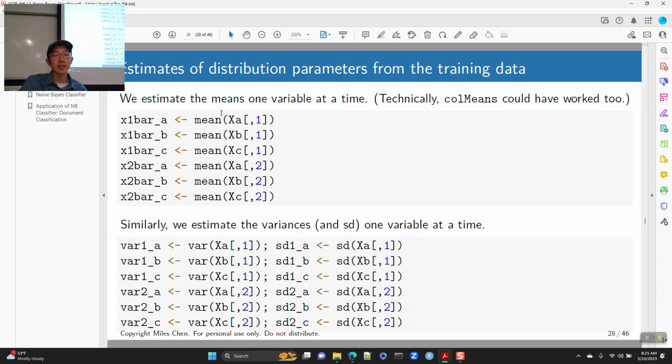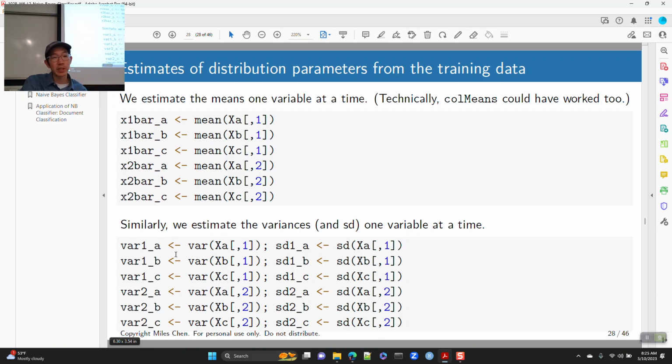So I'm going to calculate the mean for x1 for class A, and so this is going to be x1 bar for class A, and that's just the mean of basically our XA observations, column 1. I could have also used column means here as well, but this is to emphasize we're just doing one column at a time. And then the standard deviation, or the variance, I'm just going to do the standard deviation of one column.